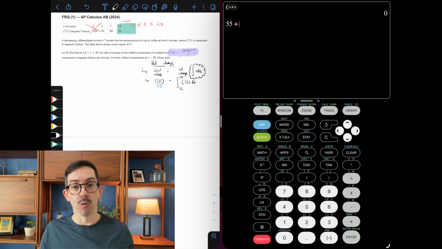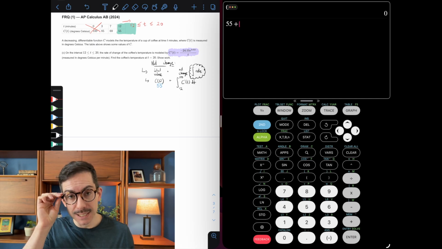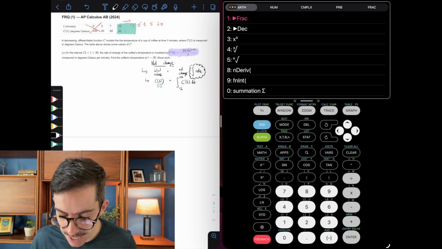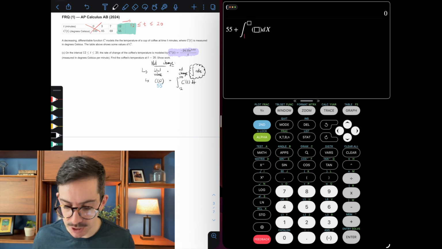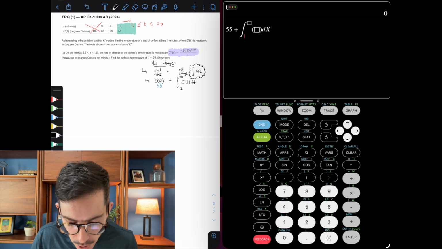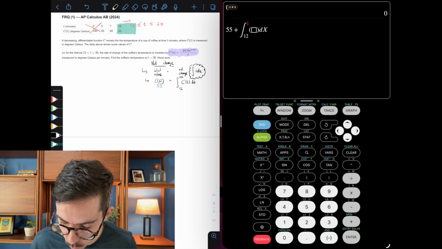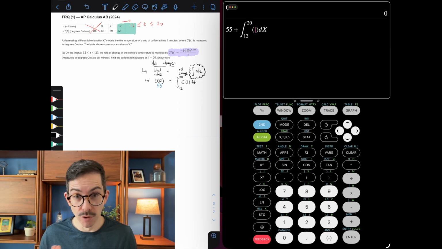For now, I'm going to assume that we're happy enough with calculating a definite integral. So I pull up the math menu. I hit enter 9 because I want to calculate that integral. And now I'm going to input the parameters. So it's the integral from 12 up to 20. Let's input the rule that they gave us.